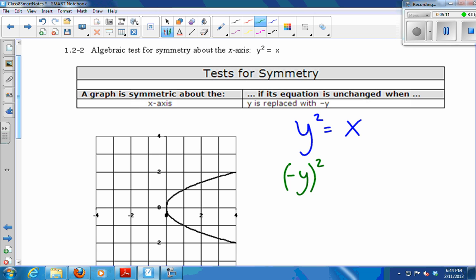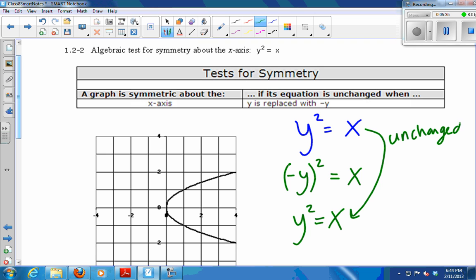Square the opposite of y. But what do you get when you do negative y times negative y? You get a positive y squared, right? So this is y squared equals x. Equation is unchanged. Replacing y's with negative y's doesn't make any difference. So I have x-axis symmetry.